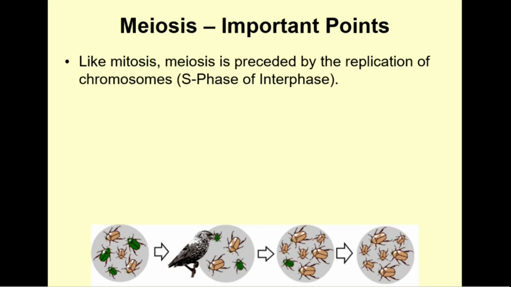Then we go through G2, where we get replication of the centrosome, and then the cells can enter into meiosis proper, meiosis I. It's an important point that before meiosis begins, our germline cells go through interphase, including DNA replication.